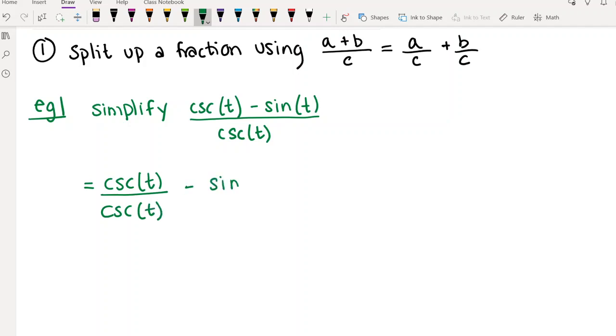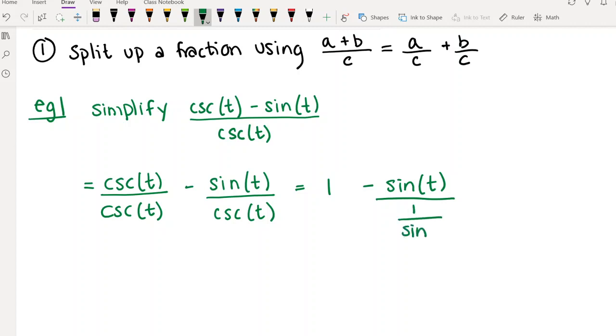the first one, as we just mentioned, is just going to become 1. And then the second one, we want to rewrite the denominator in terms of sine and cosine to see how we can simplify it. So the first fraction is just 1, and then the second one we can write as sine of t over 1 over sine of t, right? Because cosecant is the reciprocal of sine.